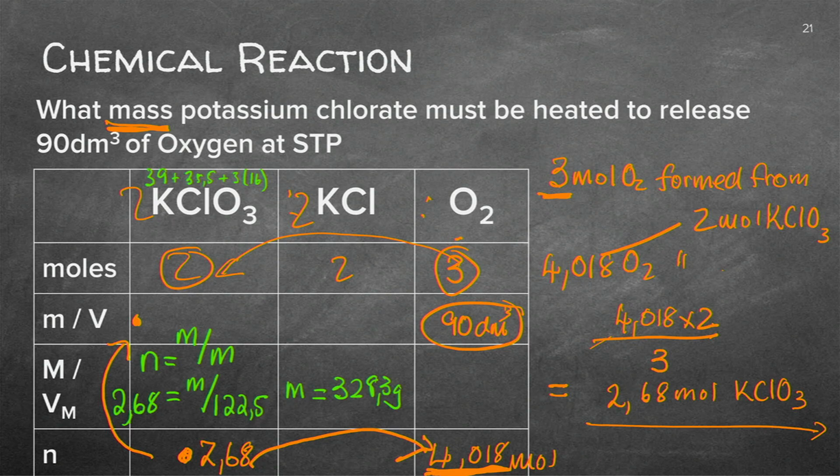Now, does it make sense? If you used 1 mole of this, it would be 122.5. You actually used 2 moles of that if you got that equation. But in reality, to form that 90, you used 2.68. Therefore, I used the 2.68, I used the molar mass, and I got the new mass.